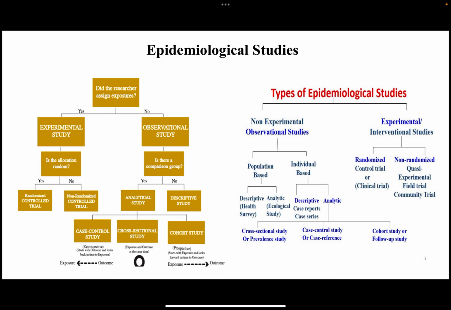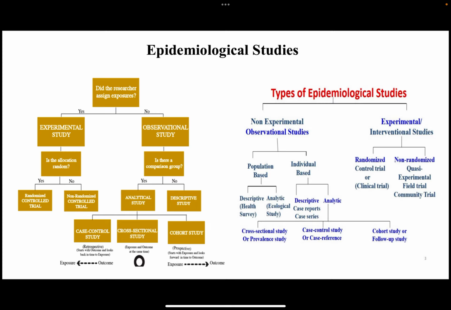Usually, we use experimental or interventional studies to test the effectiveness of programs, the effectiveness of interventions, or sometimes the effectiveness of a drug or a medicine or a vaccine. That's why we call it experimental or interventional studies.